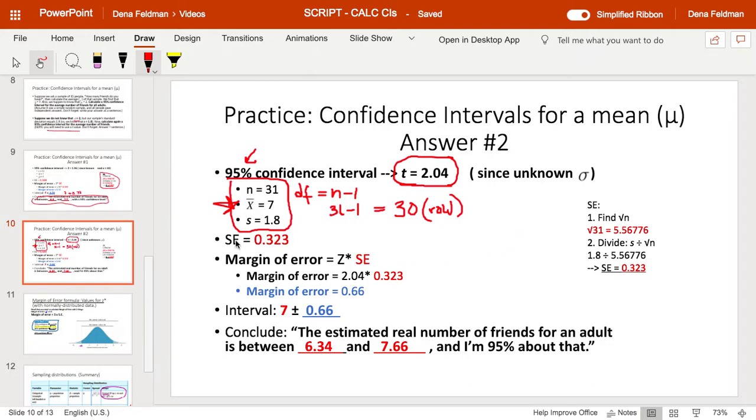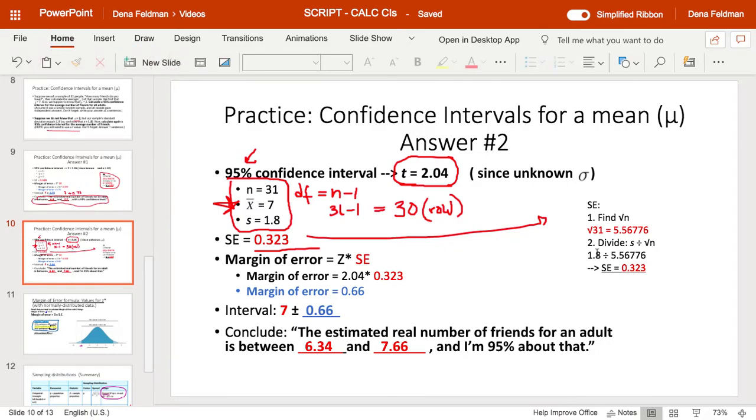So I find this standard error. I take the square root of 31, and then I divide that standard deviation, the 1.8, by the number I found above, 5.56.